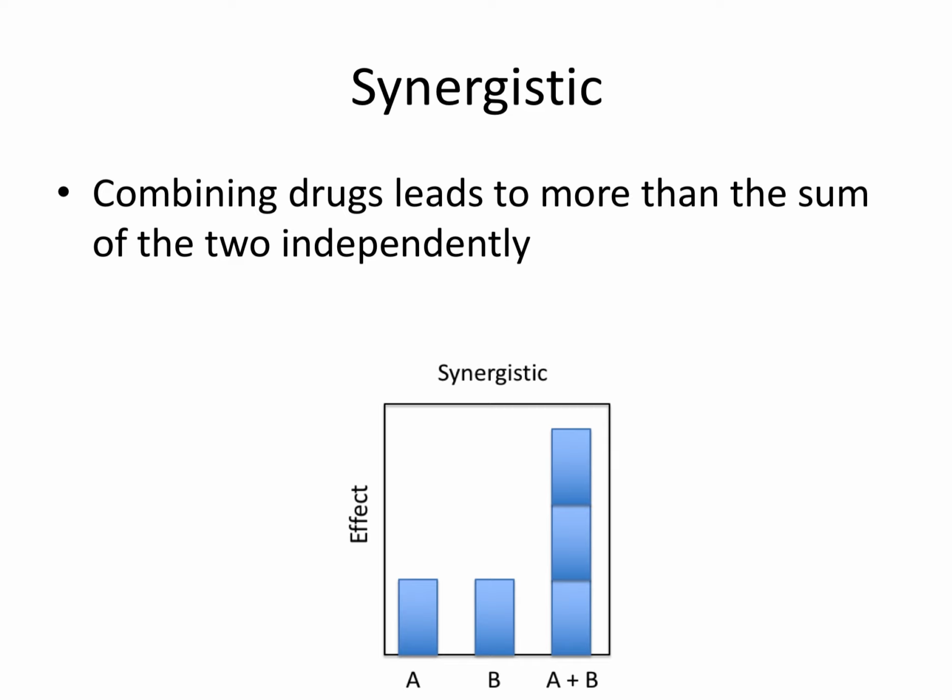And so using two drugs that interact in this way allows you to use a lower drug dose in total. So this is really the ideal situation. If we have, let's say, two antibiotics that work really well together, we can prescribe both of them at lower doses so that we get a better effect than either one of the two if we just use them individually.